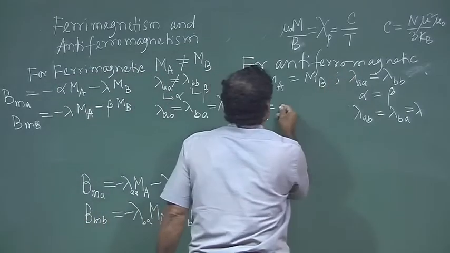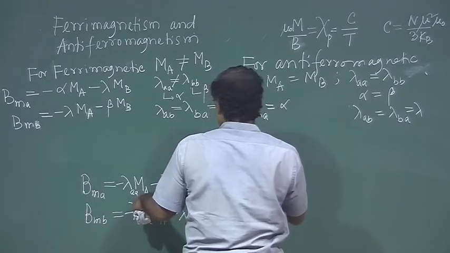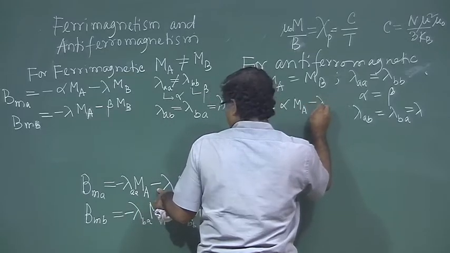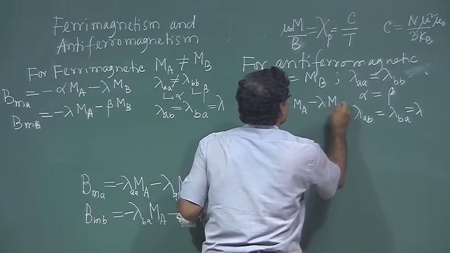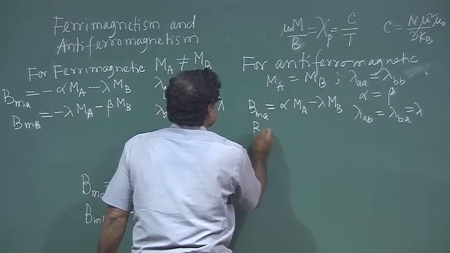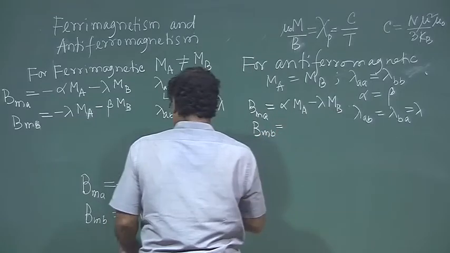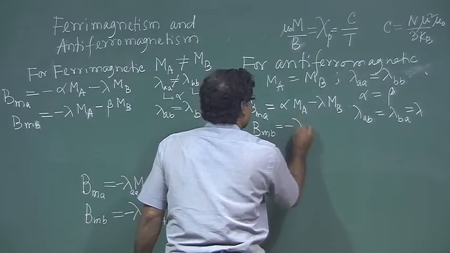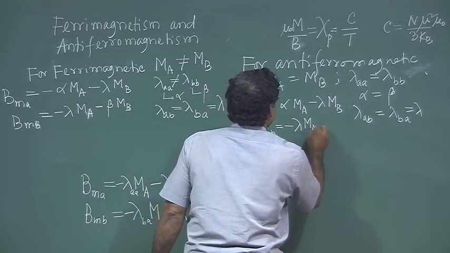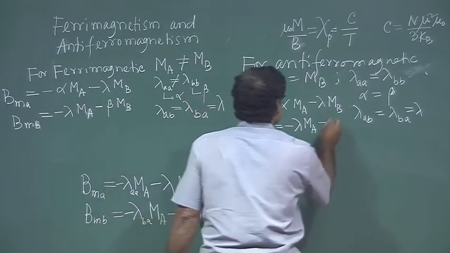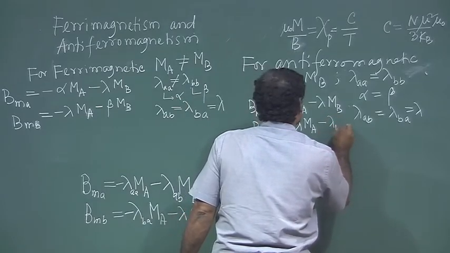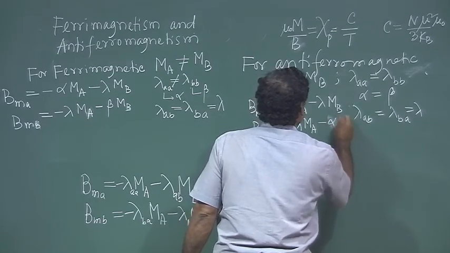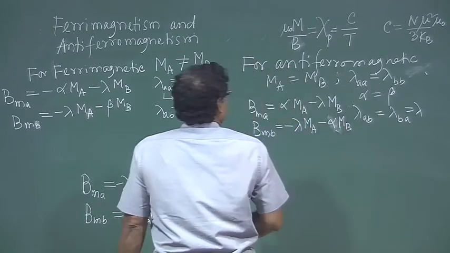So, I can use just alpha or beta whatever, alpha M A minus lambda M B, okay, and B M B will be equal to minus lambda M A minus lambda B B, so lambda B B is again alpha, alpha M B, okay.